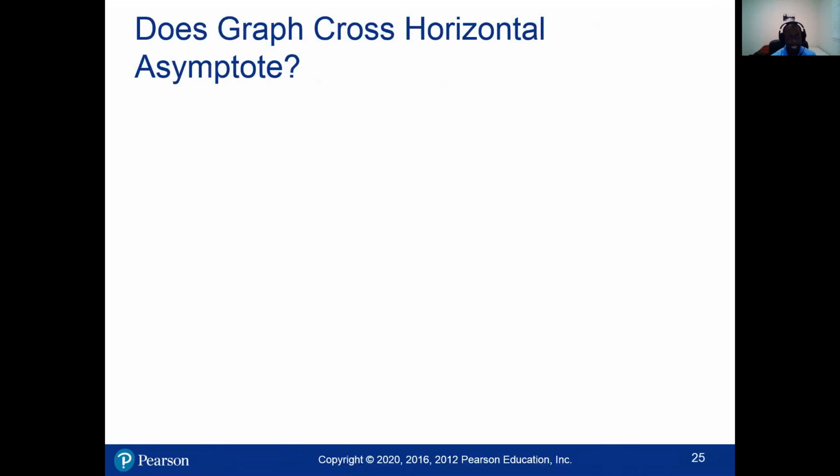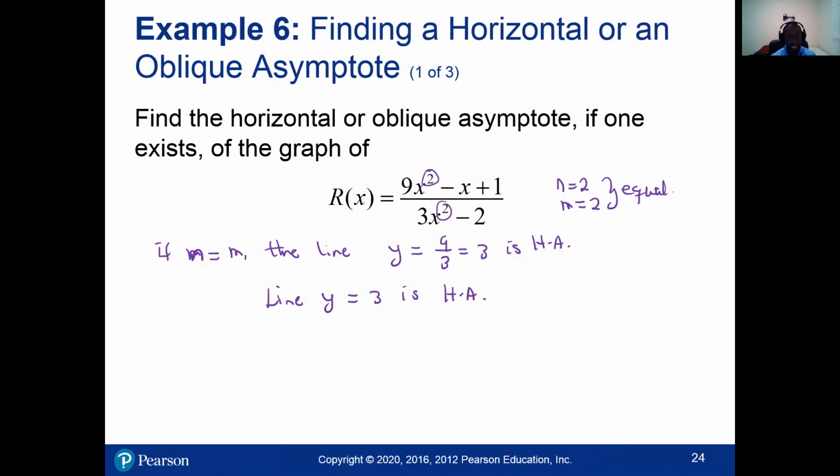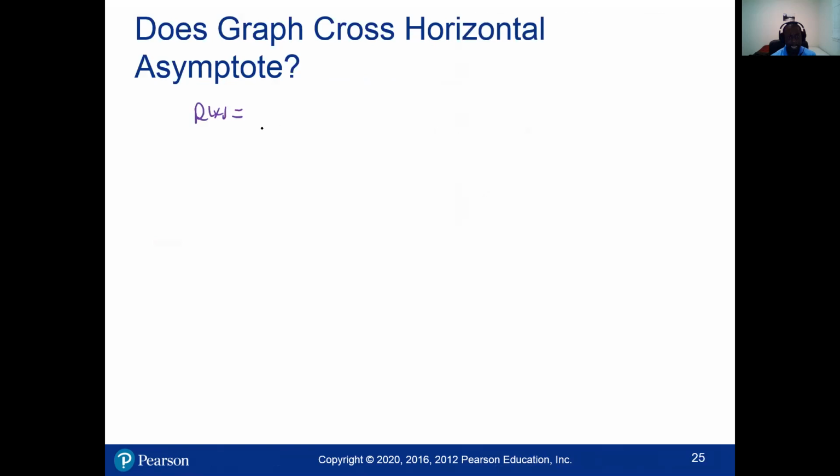All right, so let's answer that question. Does the graph cross it? Well, we have r of x, which is 9x squared minus x plus 1 divided by 3x squared minus 2.